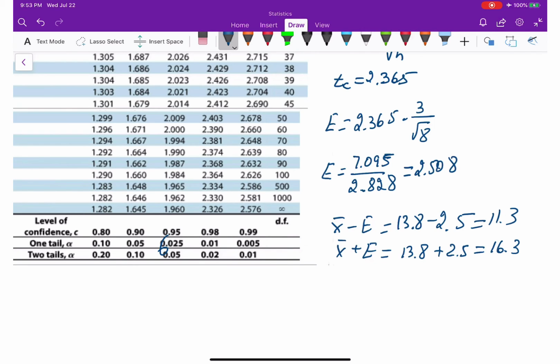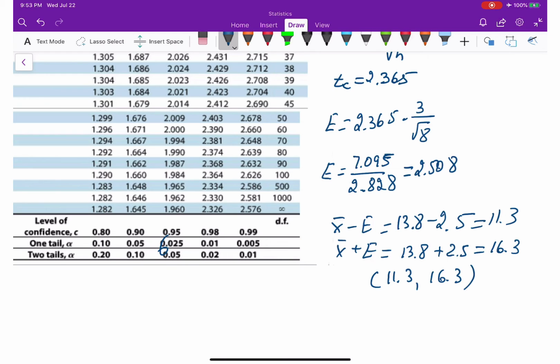So our interval where mu, population mean, is possibly can be located, it's gonna be 11.3, comma 16.3. Okay?